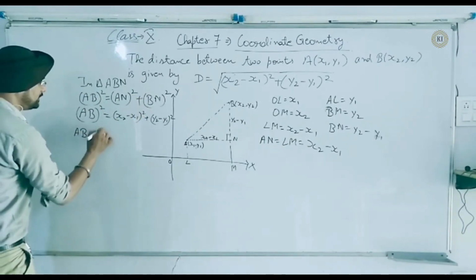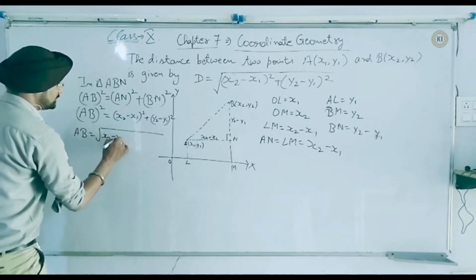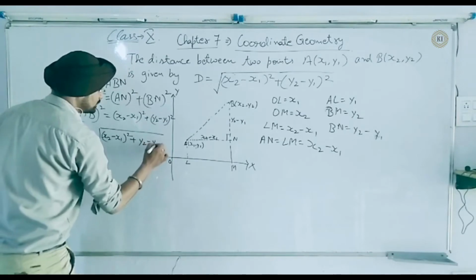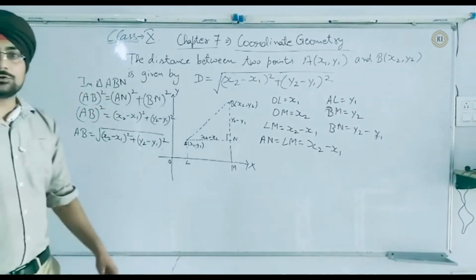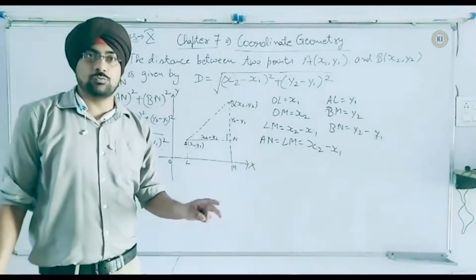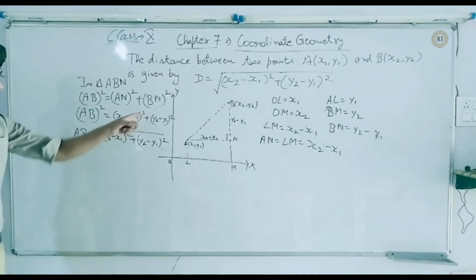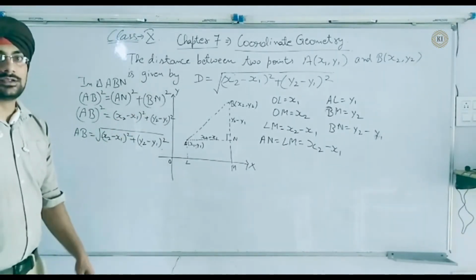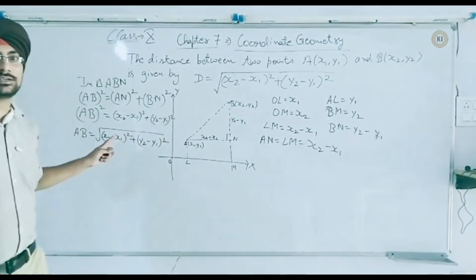So AB will be under root of (x2 minus x1) whole square plus (y2 minus y1) whole square, and this is our distance formula to calculate the distance between 2 points. Now we are going to solve some questions based on this distance formula.